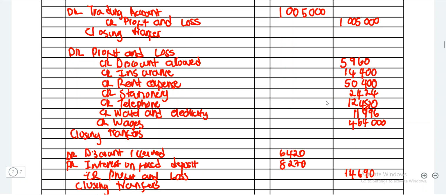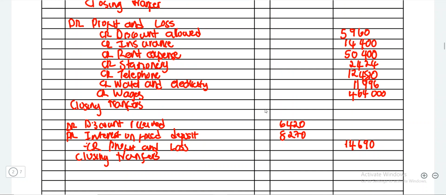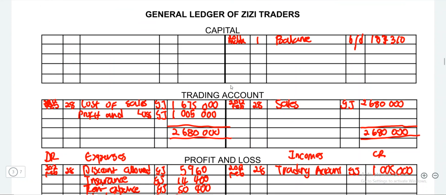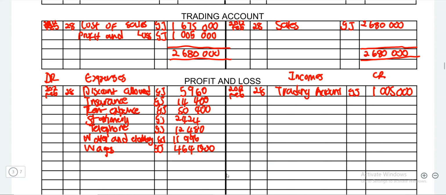Then from there, maybe just to save time, you need to check what you need to insert on the credit side of profit and loss. So remember, we must enter this discount, so we can go back to our profit and loss, enter discount and interest on fixed deposit.